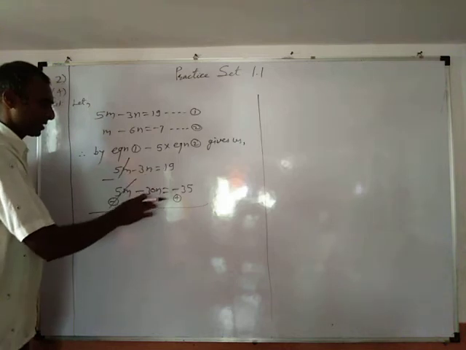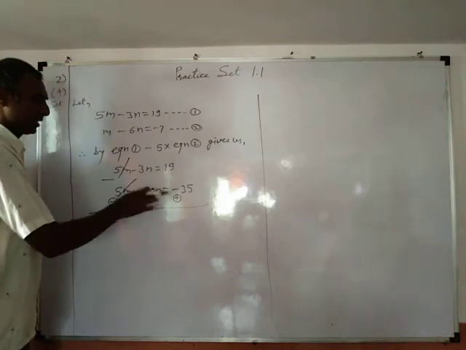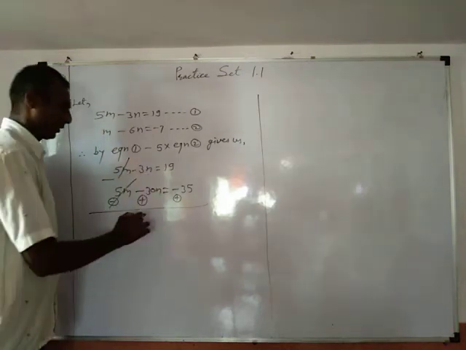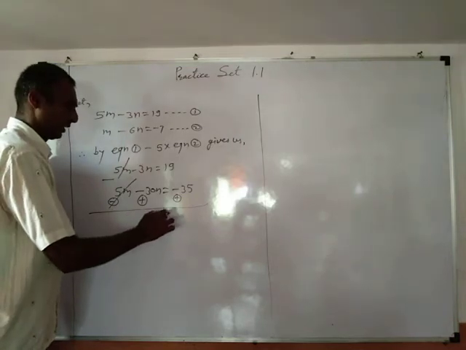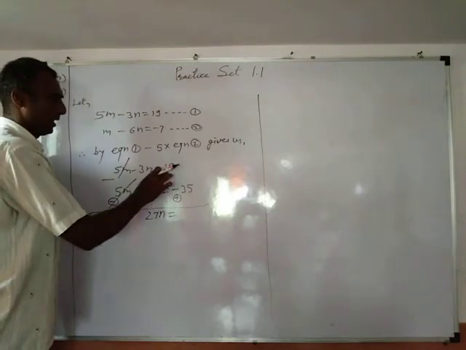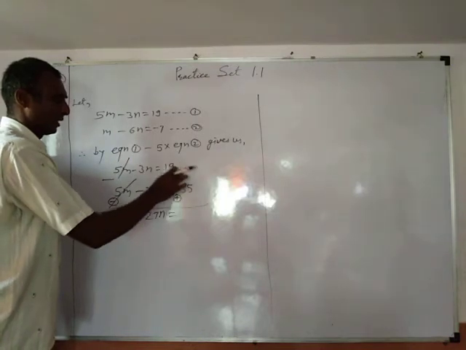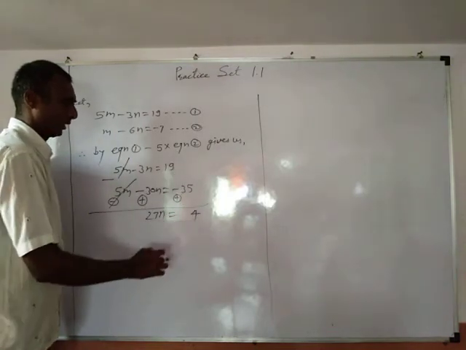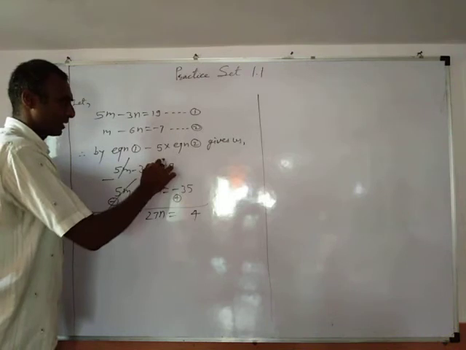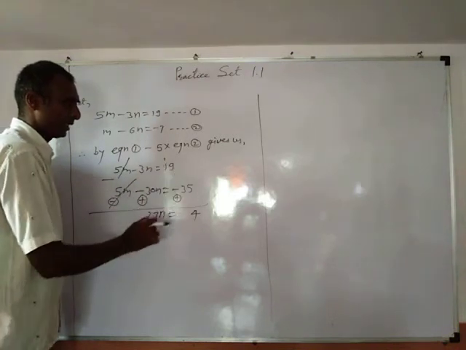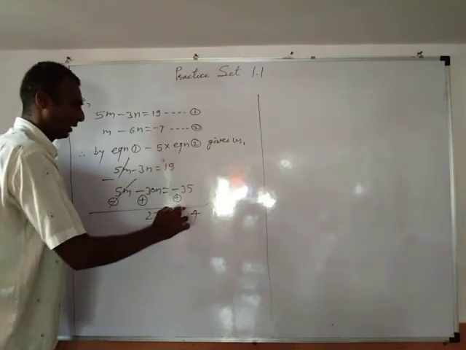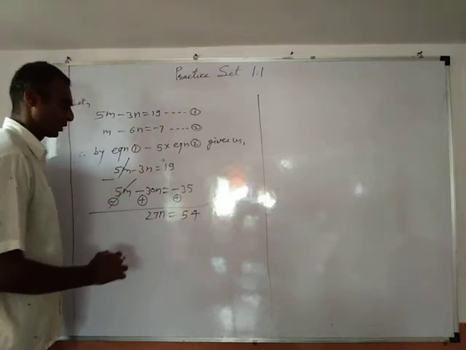Minus 3n plus 30n means plus 30n minus 3n gives us 27n. That equals 19 plus 35. 9 plus 5, 14. Carries 1. 1 plus 1, 2. 2 and 3, 5. Okay, it gives us 54.